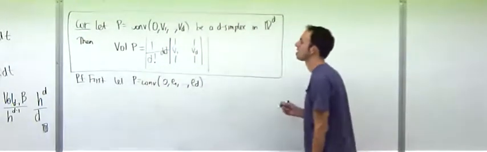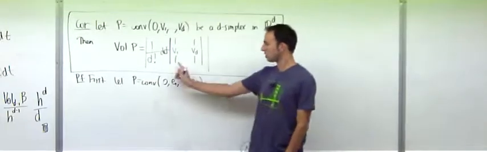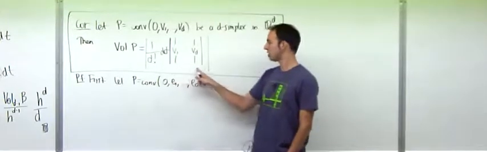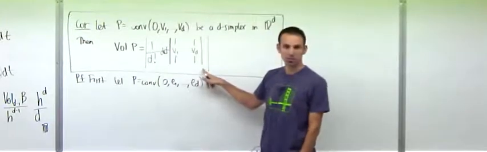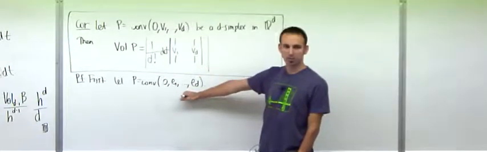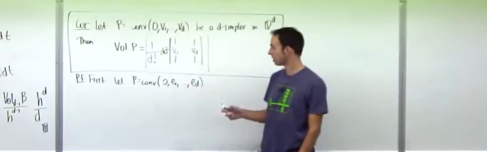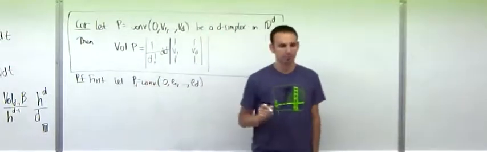So what are we supposed to get there? Well, if you put the unit vectors into a matrix, then what you're going to get is exactly the identity matrix, which has determinant 1. So what we should have is that the volume of this thing is 1 over d factorial. Maybe let's call this P_d to remember that it's the d-dimensional guy.